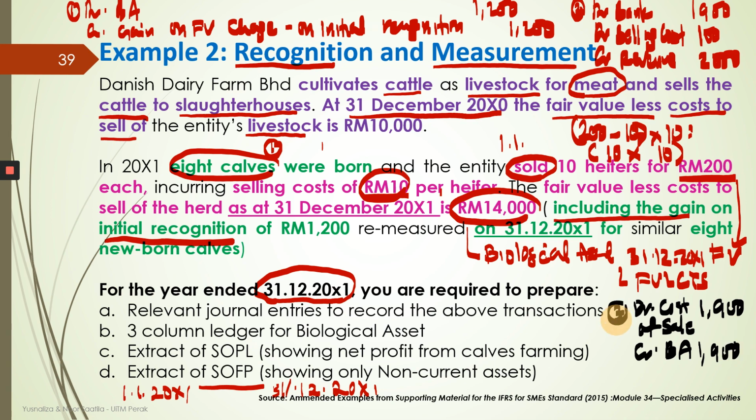And then the last journal entry would be to record the fair value gain or loss. So we will have to see that in our next slide. The requirement given here is to record the journal entries, and we have done 3 of them. Let's look at the 4th one here.